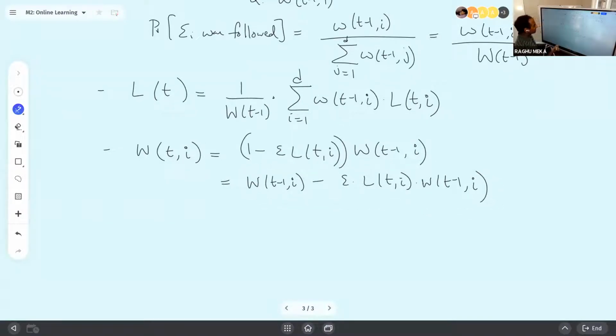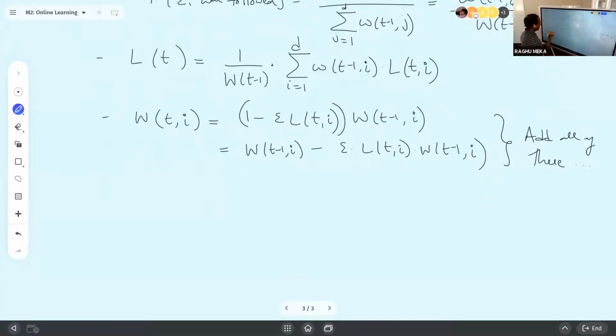So what happens if I add up all of the weights? Okay, so if I add up all of these weights, then I get the summation i equals 1 to d of W of t comma i, which is exactly the total weight on day t. The first terms will give me the total weight on the previous day.